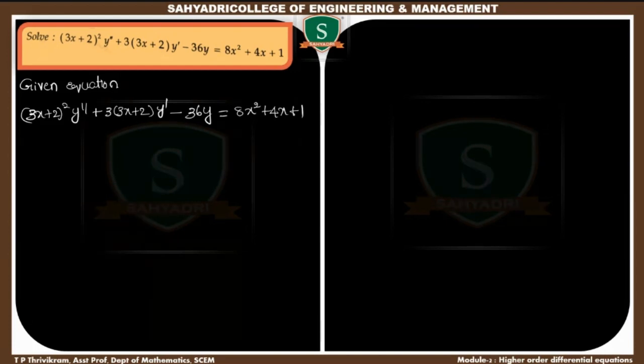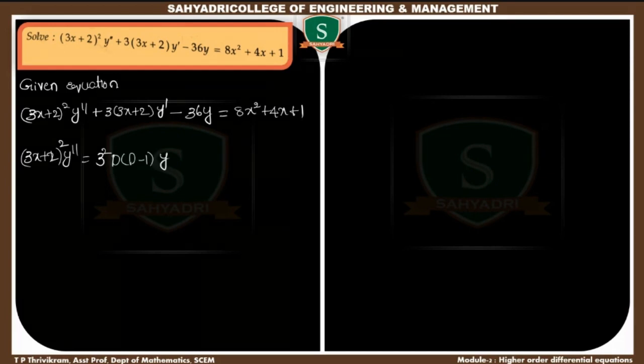So now first I'll write this equation in operator notation. 3x plus 2 whole square into y double dash can be written as 3 square d into d minus 1 y. Similarly, 3x plus 2 into y dash is 3 into dy.